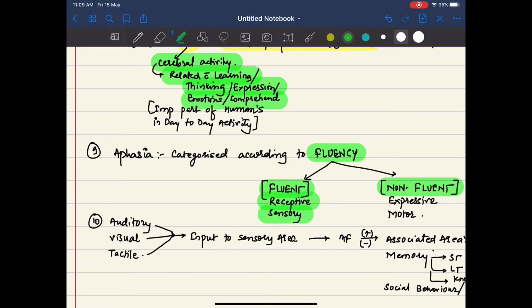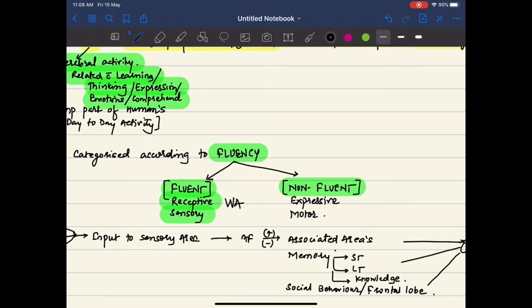Receptive or sensory aphasia is nothing but Wernicke's aphasia. And when it is non-fluent, then there is problem in expression, and it is called as motor aphasia. Okay, and this is nothing but your Broca's aphasia.